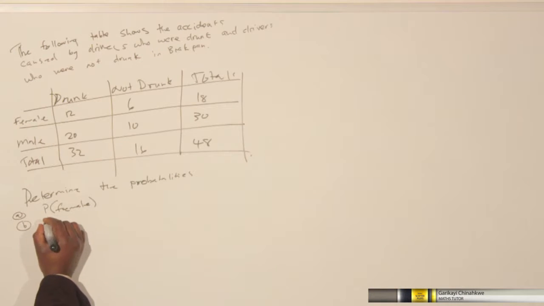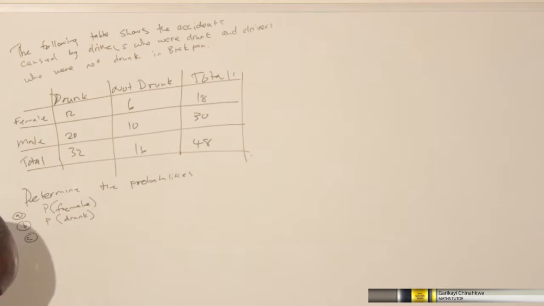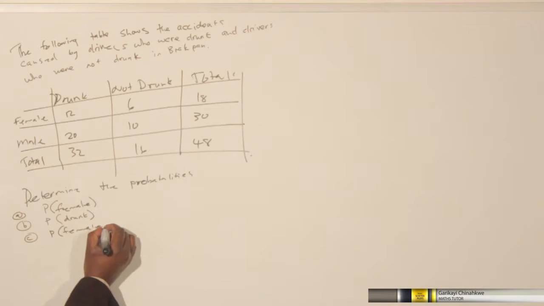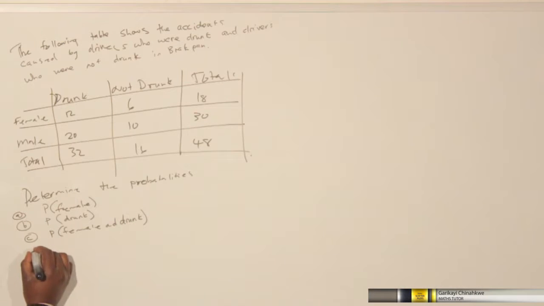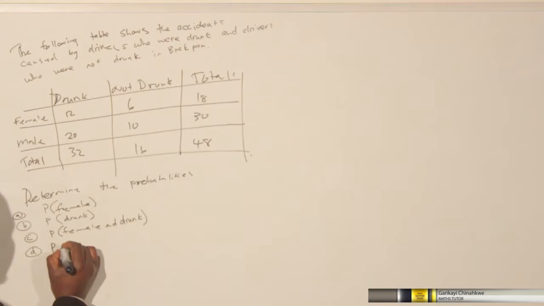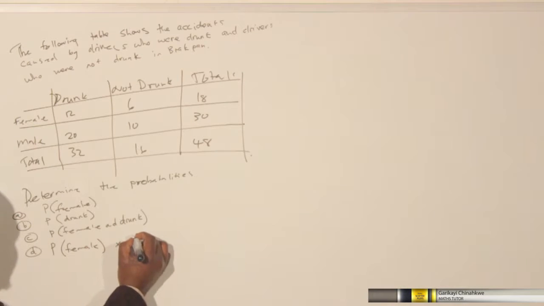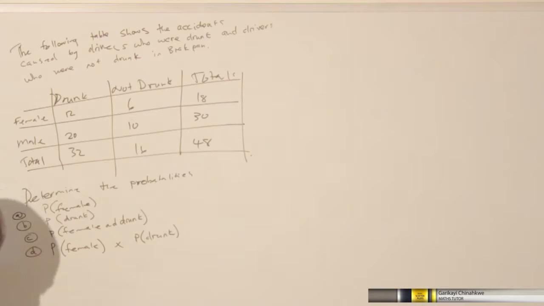B, probability of drunk. C, probability of female and drunk. D, the probability of female multiplied by the probability of drunk.